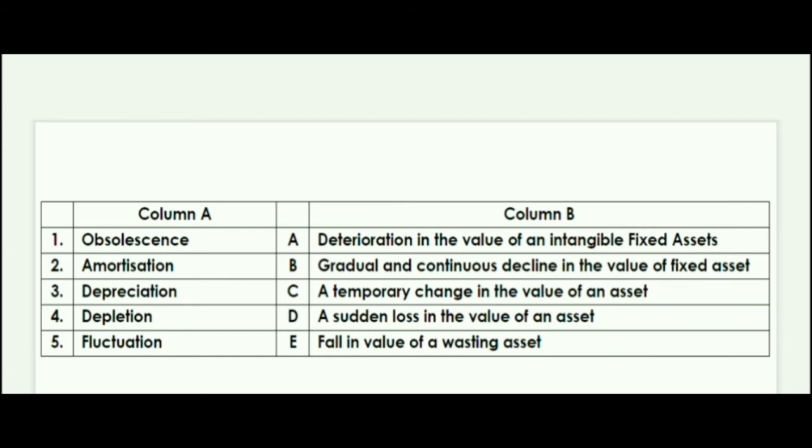And in column B, which we have to match with, we have deterioration in the value of an intangible fixed asset, gradual and continuous decline in the value of a fixed asset, a temporary change in the value of an asset, a sudden loss in the value of an asset, fall in the value of a wasting asset.